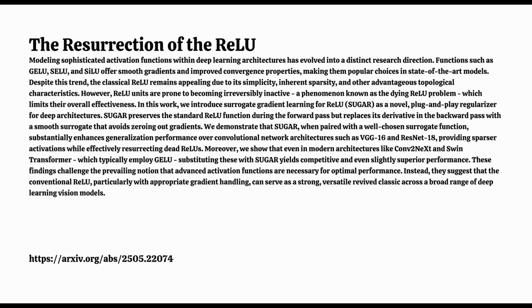Exactly. It keeps the forward pass behavior, which might be why some beneficial properties are retained. This research really challenges the notion that you have to move to GELU or Swish or other complex functions to get top-tier performance. It suggests there's still a lot of potential in ReLU if you just handle its gradient more carefully. It definitely raises an interesting question about necessity versus optimization.